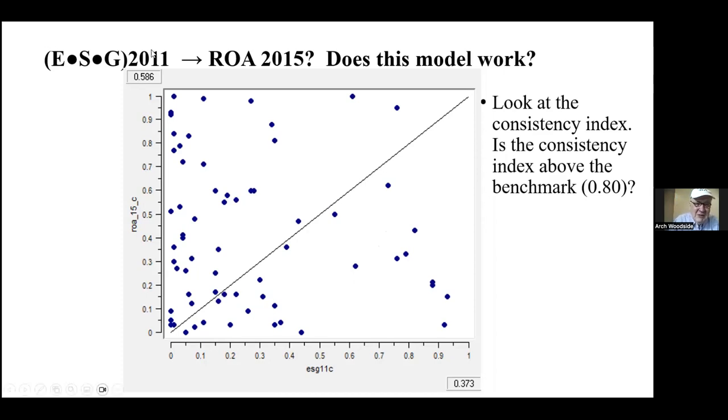But look at the consistency of this, 0.586. It's not very good. And if you look at the XY spread of these 66 firms, you don't have a clear pattern supporting the idea that prior high performance, say above 0.5 or 0.7 on the X, will give you high performance on the Y.